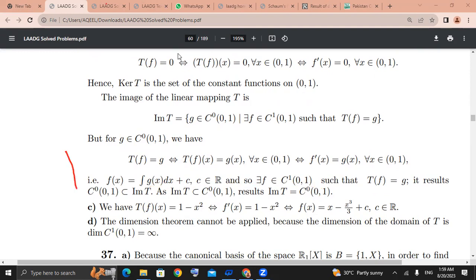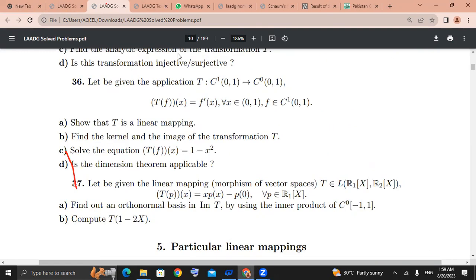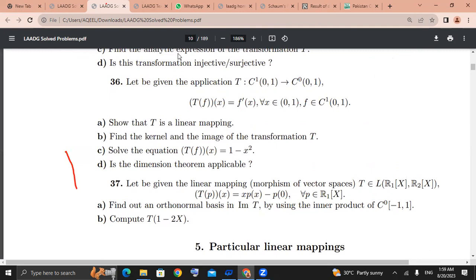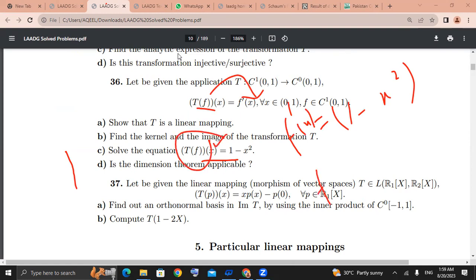In the next step, the third step, we have to solve this equation. This is 1 minus x square, and as we know, T of f is equal to f prime of x. So I replace it with f prime of x, and f prime of x is equal to 1 minus x square.